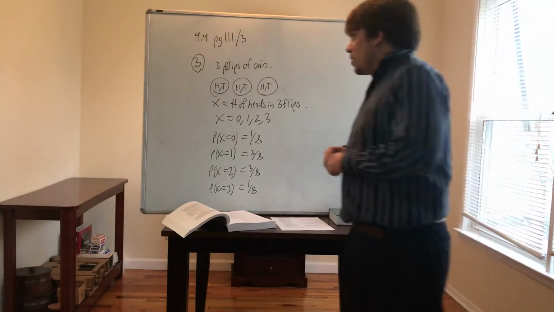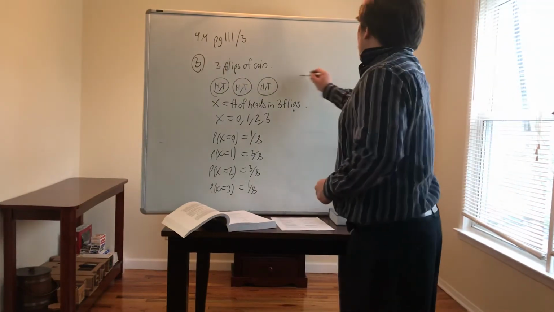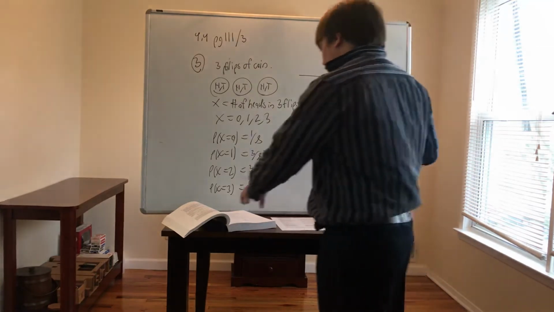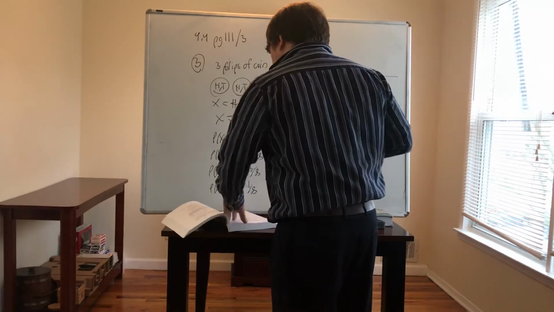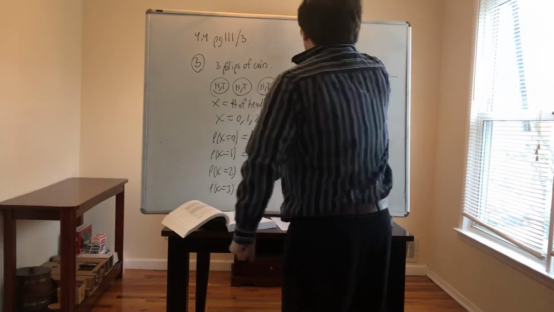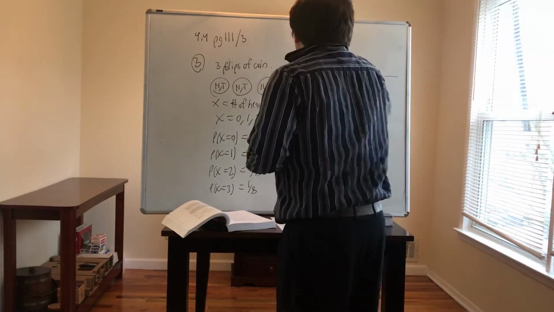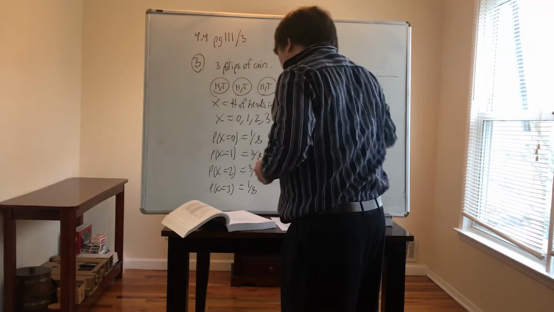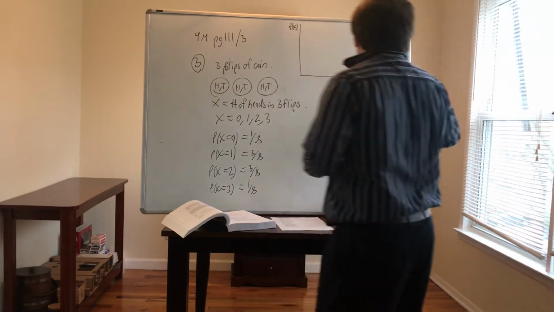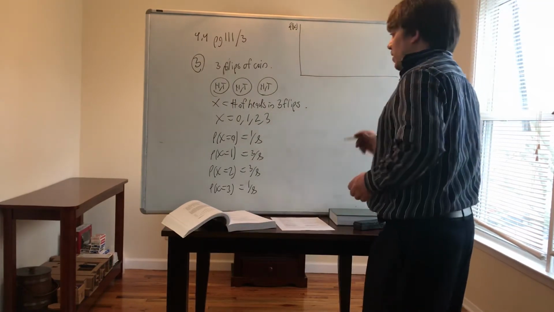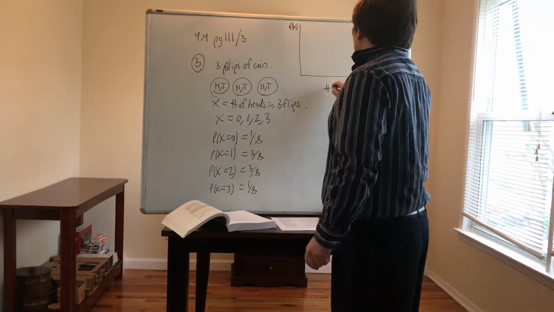Okay, and so we're going to just draw a bar chart for that situation. So here's the bar chart. We have f of x here, and we have the value of x here. This is the number of heads.